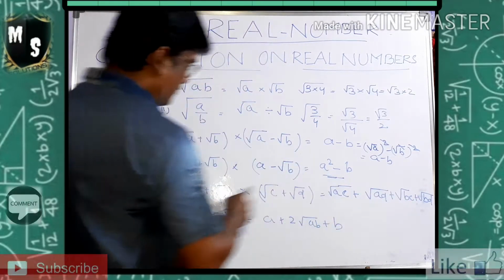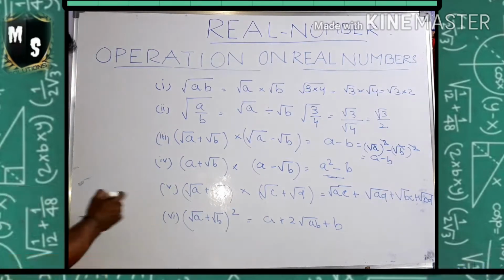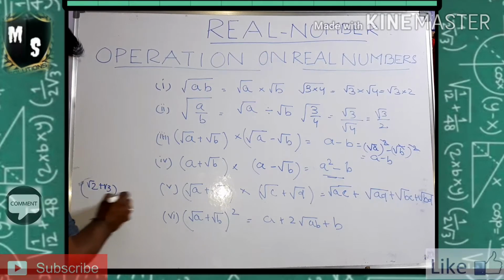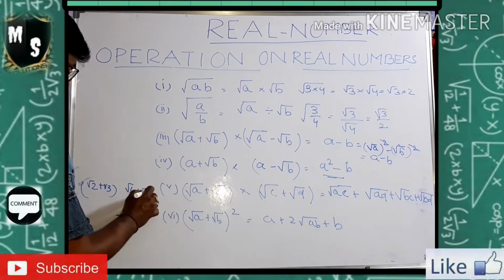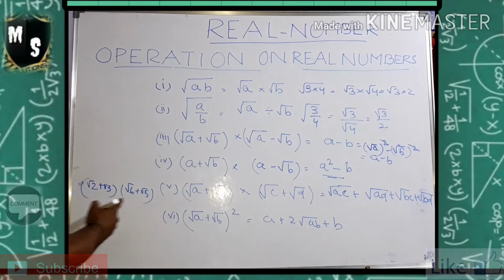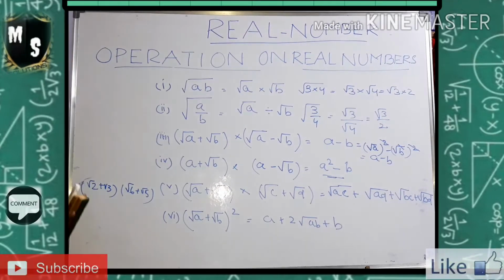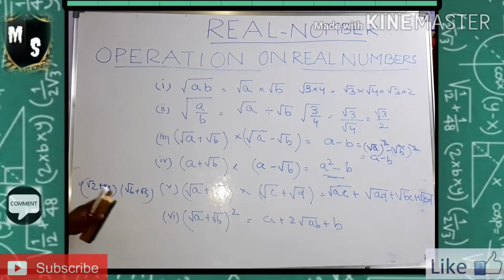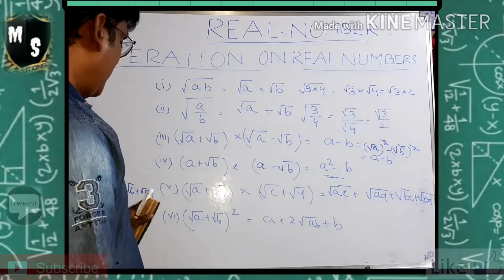So this is the format if all four are different from each other. Example: root 2 plus root 3, into root 6 plus root 5. If you see this format, you can apply this formula directly. So root 2 into root 6, root 2 into root 5, root 3 into root 6, and root 3 into root 5.